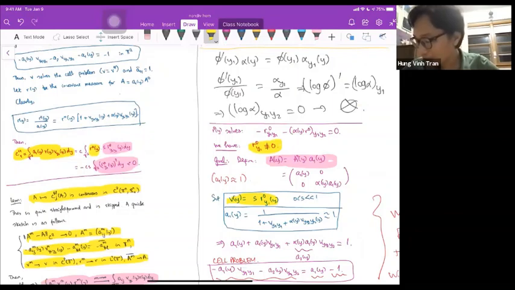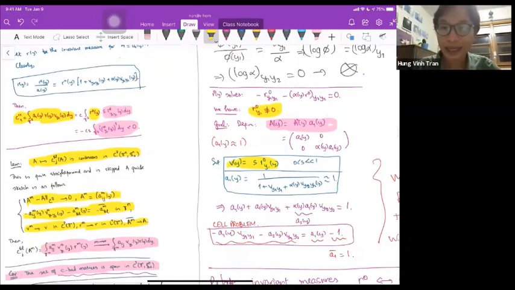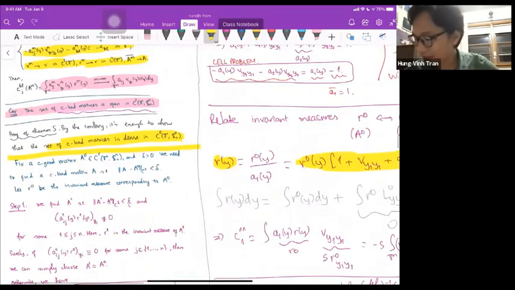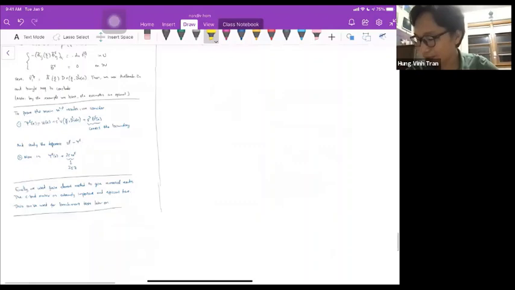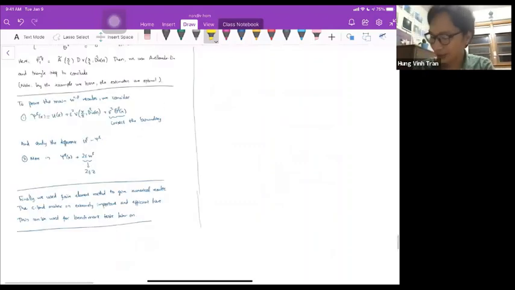We look at the cell problem first, and then, maybe I can say it in a somewhat ad hoc way. Let me go all the way down here so that I'm not messing up my notation.